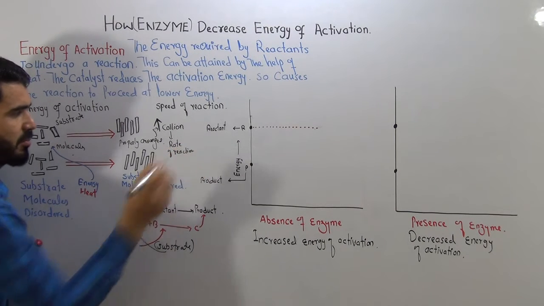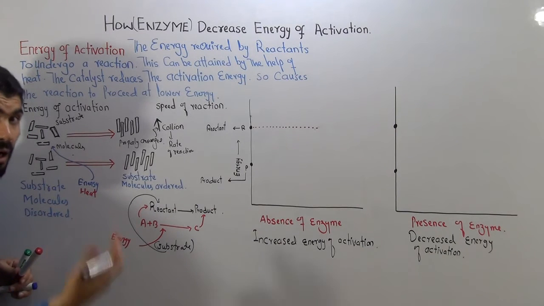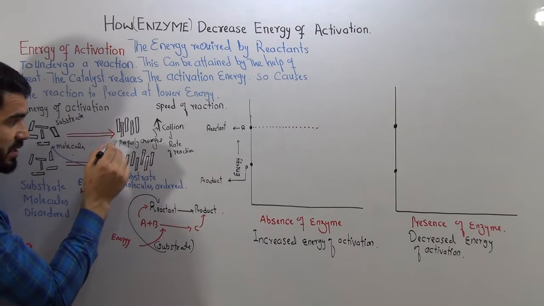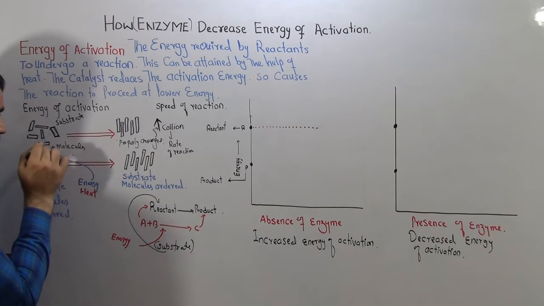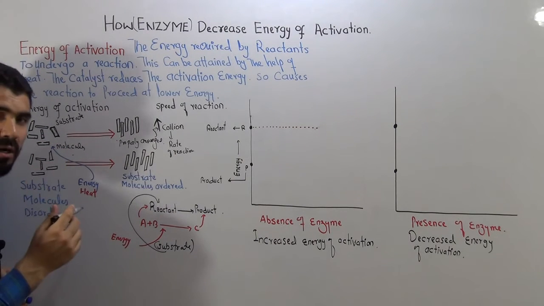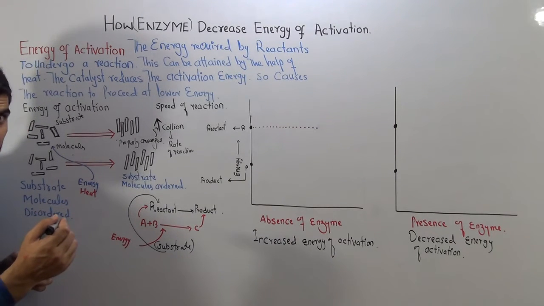It's a very simple idea, simple science behind how enzymes speed up a chemical reaction. I would like to repeat that molecules are in such an order that they cannot collide effectively, strike with one another effectively.